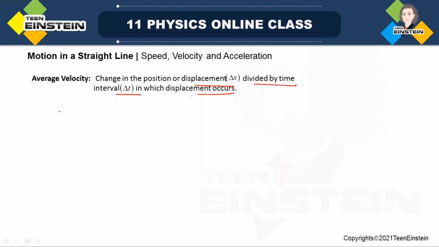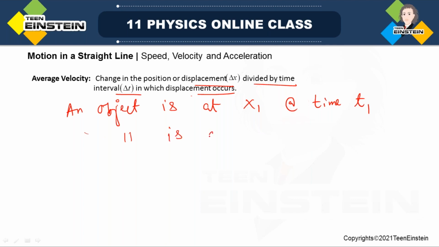It means, suppose an object is at x1 position at time t1, and the object is at x2 position at time t2.